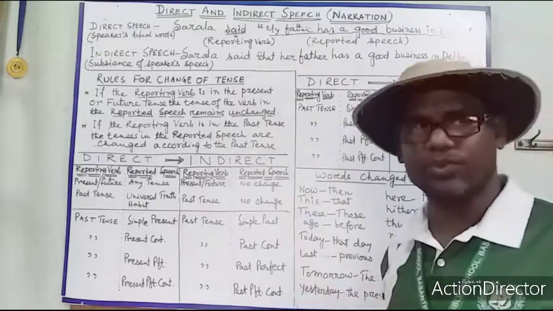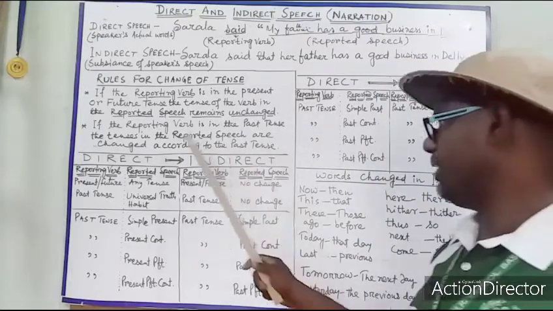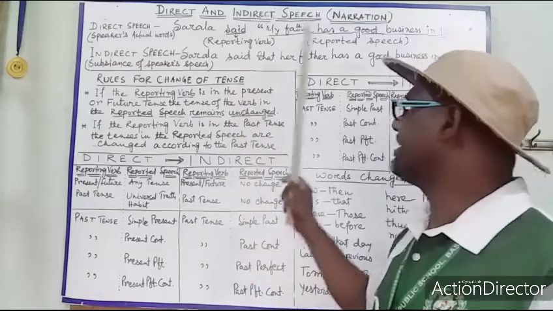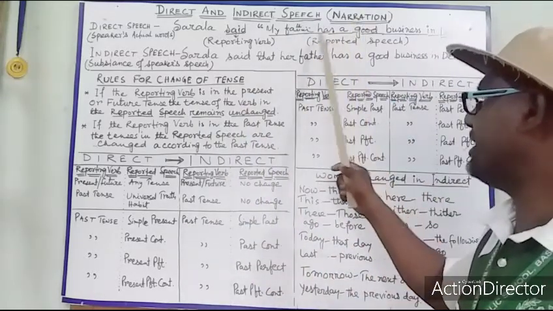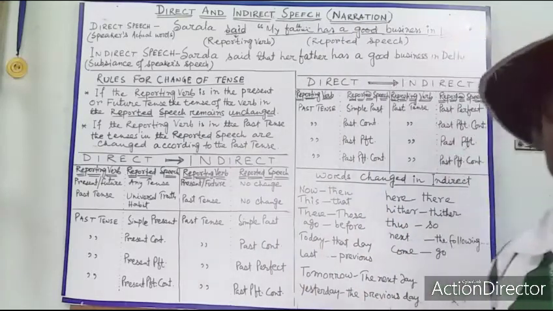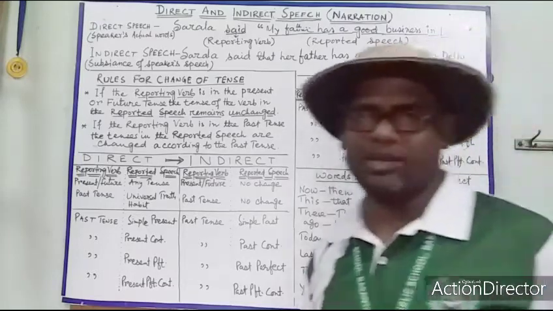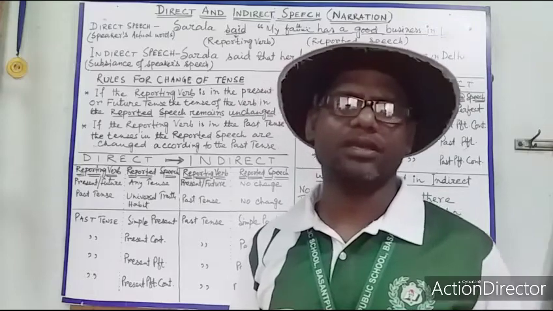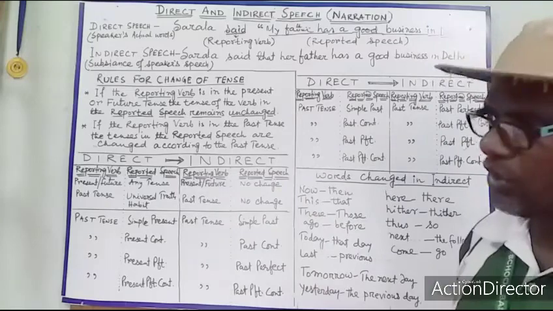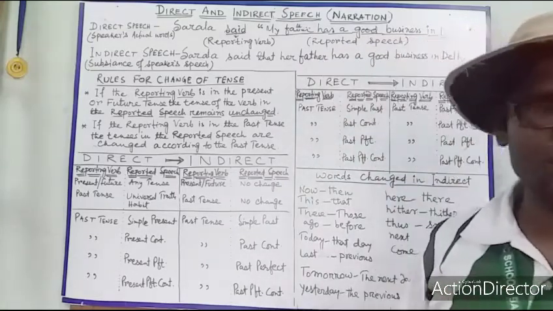Whatever tense is given in the reported speech will remain unchanged. Maybe present, maybe past, indefinite, continuous, perfect, whatever tense is given within inverted commas will not be changed because the reporting verb is in present tense or future tense. So this is the first rule.